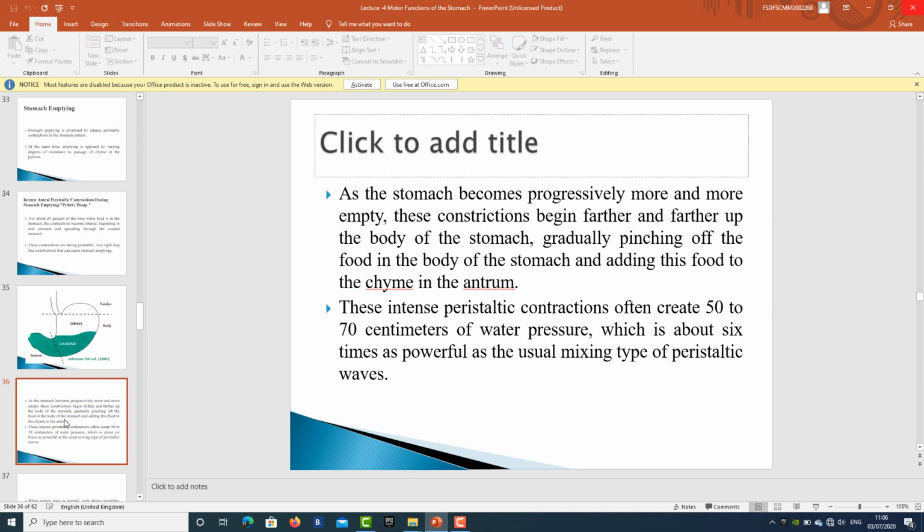As the stomach becomes progressively more and more empty, these constrictions begin further and further up the body of the stomach, gradually pinching off the food in the body of the stomach and adding this food to the chyme in the antrum. These intense peristaltic contractions often create 50 to 70 centimeters of water pressure, which is about 6 times as powerful as the usual mixing type of peristaltic waves.